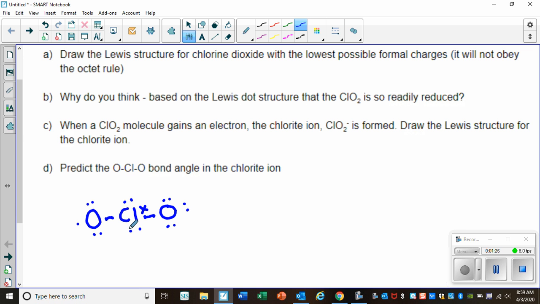So this is the weird part, and it's going to make some sense, you'll see. That electron and that electron, we're actually going to form a double bond there. This is allowed for the case of the chlorine. Chlorine is in the third period, doesn't need to obey the octet rule. Both of the oxygens do have to obey the octet rule, and they currently do.